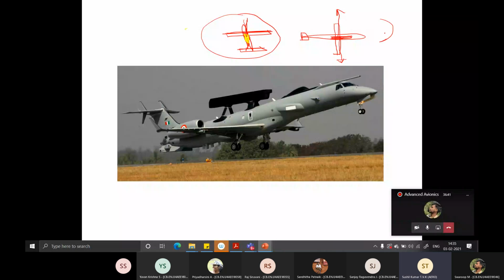How do I get coverage in this direction and this direction? We learned something in antennas which can do this.